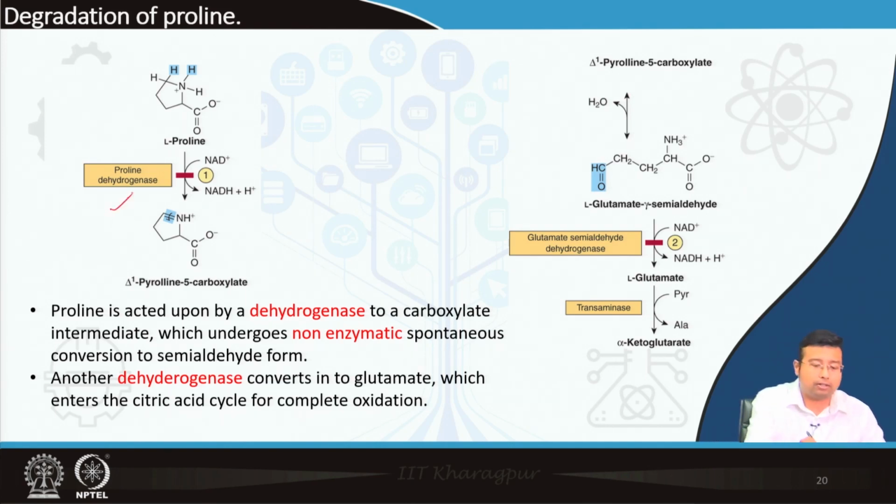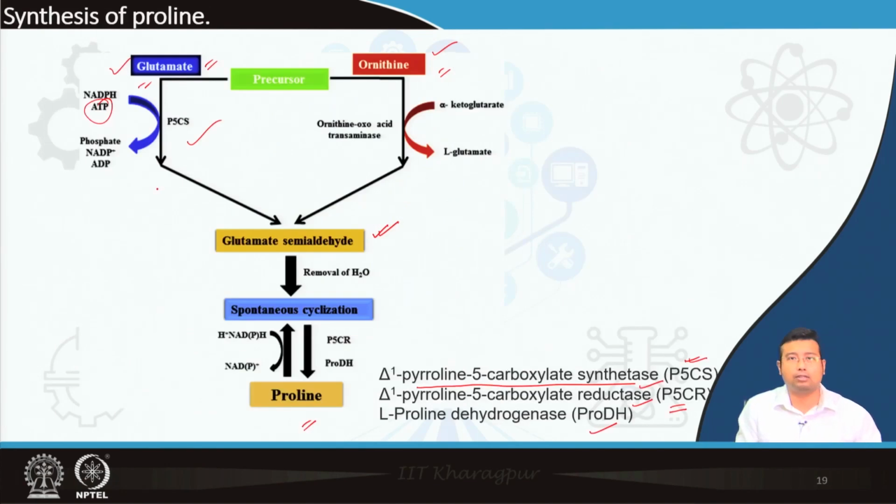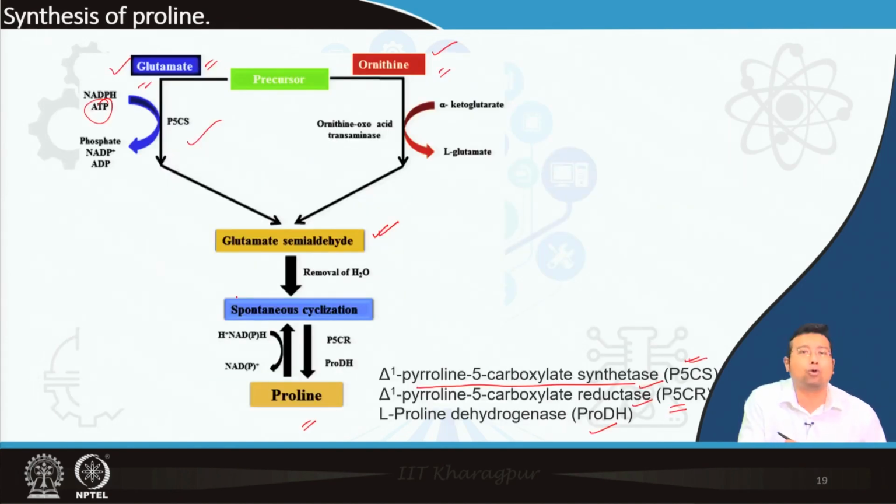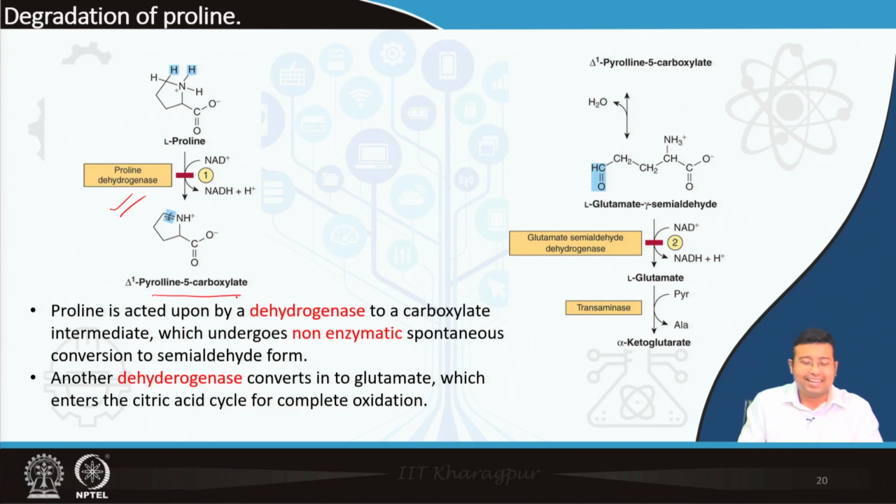First of all, a dehydrogenase enzyme, proline dehydrogenase, converts it to pyrroline 5 carboxylate. This has not been shown over here, right, but it is there. So, it is first formed into pyrroline 5 carboxylate, which undergoes spontaneous conversion to this semialdehyde, and this semialdehyde is again acted upon by semialdehyde dehydrogenase to form glutamate, which is then finally transaminated to alpha ketoglutarate, right.